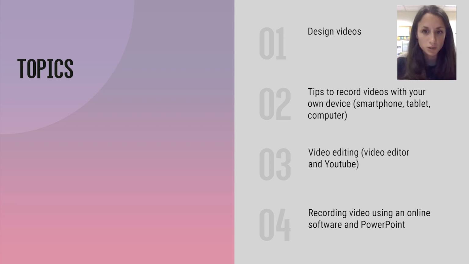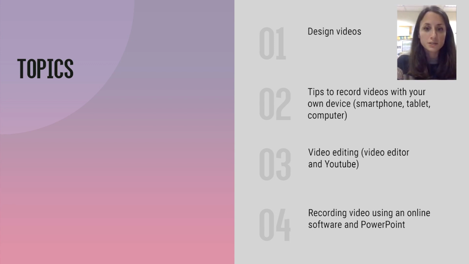So we're going to talk about the pros and cons of online and offline. And lastly, we're going to talk about how to record videos using an online software, such as Vimeo. I'm going to give you some hints about Vimeo and how to export a video out of a PowerPoint presentation.